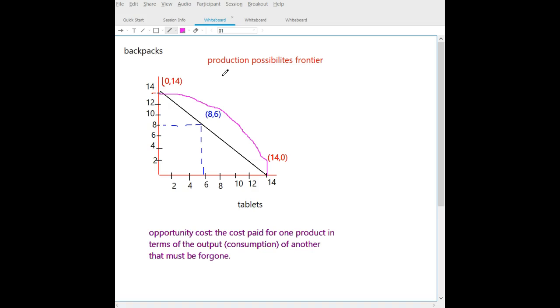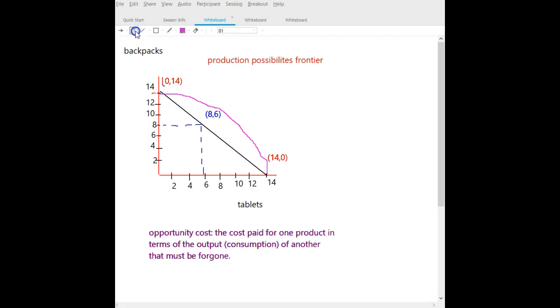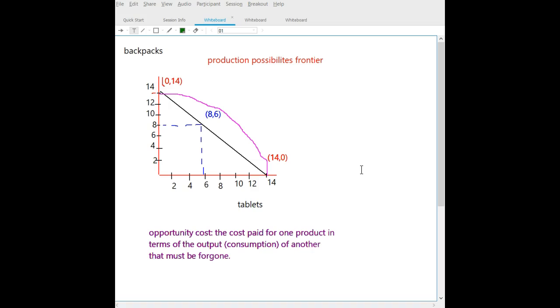The opportunity costs. Say we're going to put in some numbers here to try to clarify the example more. Say that for backpacks we have 10,000 backpacks, and here we have tablets, and 3,200 tablets.